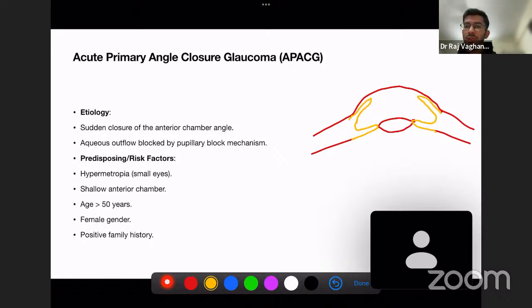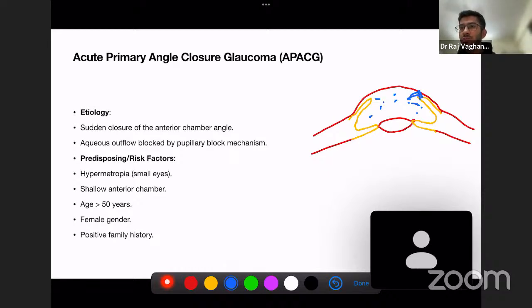So there is no angle right now. Initially there was an angle, but now there is no angle. So there is no angle between the cornea, the trabecular meshwork, and the iris. The aqueous humor present over here has no space to go.